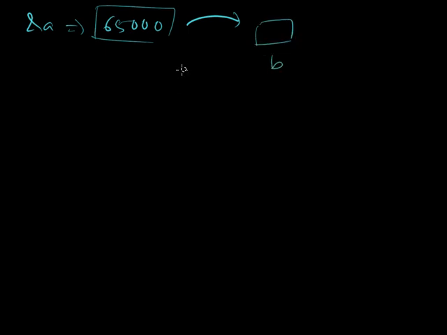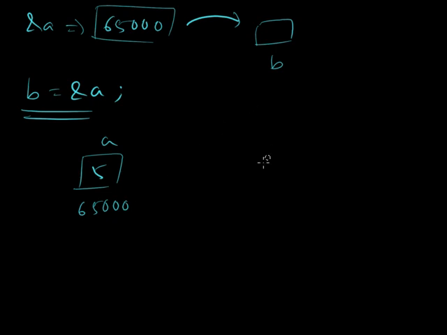Now when I say address of a, it will yield 65,000 in this case. What if I store this 65,000 into some other variable b? That means b is equal to ampersand a. If I do this, let us visualize it. We have 5 in a and its address is 65,000, and we have some other variable named b, and we have stored 65,000 here. b also has an address.